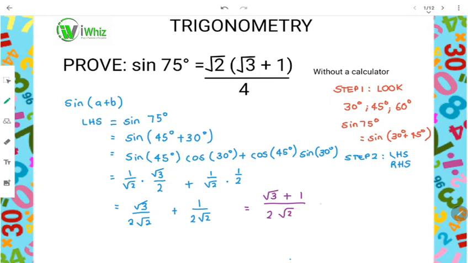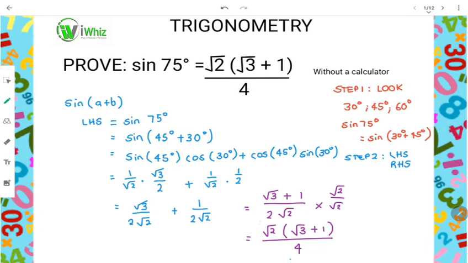Then I want to multiply to remove the square root at the denominator. If I multiply this by square root 2 over square root 2, what am I left with? I am left with square root 2 into square root 3 plus 1 all over 2, and square root 2 times square root 2 is simply 2, and 2 times 2 gives me 4.